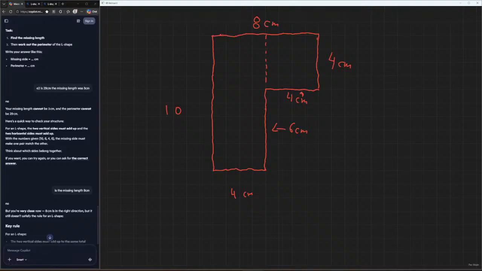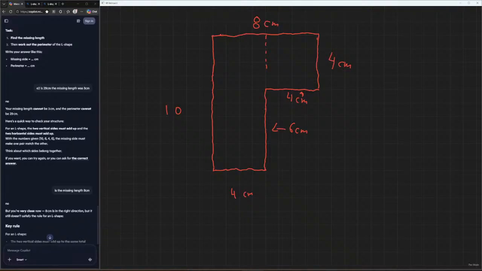This and this and this. Four, 8 plus 10, 28.